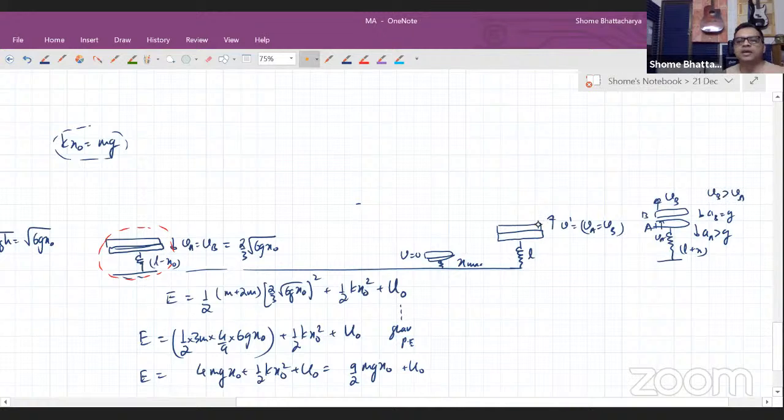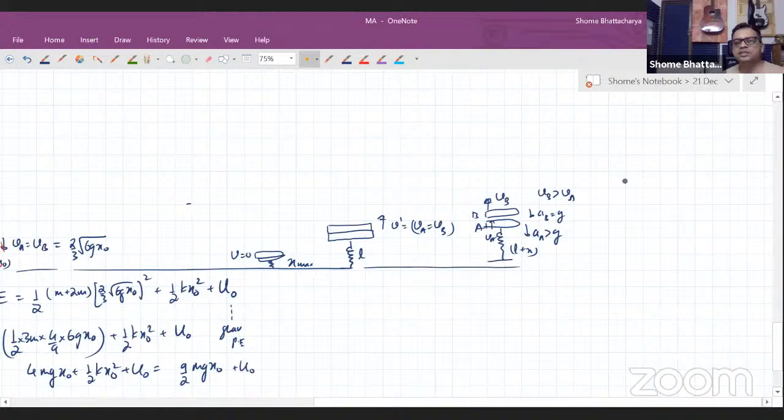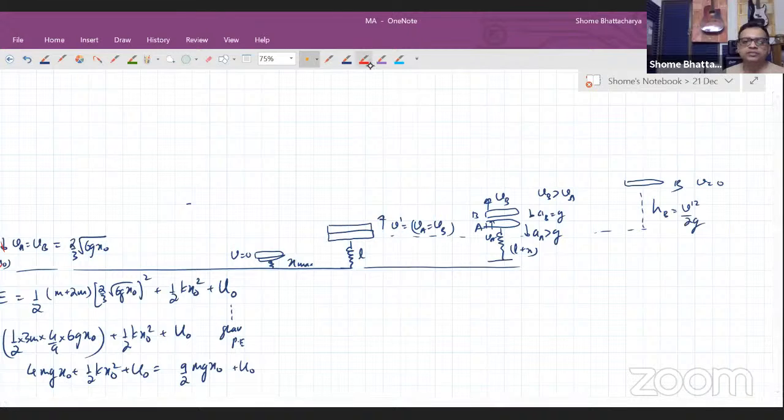But to find the maximum height to which B goes, we just need to find V prime, because later at some stage, B goes somewhere here and stops. From this point, the maximum height to which B goes is V prime square by 2g. So we just need to find this V prime. Are we clear up to this point, Ganesh?